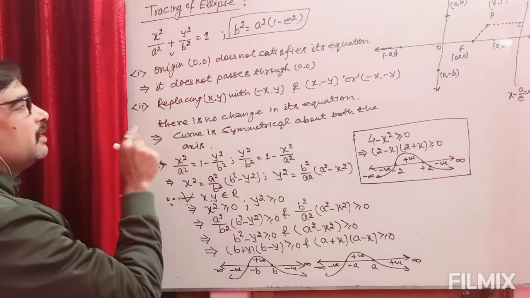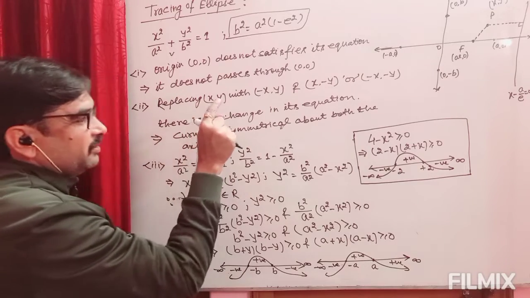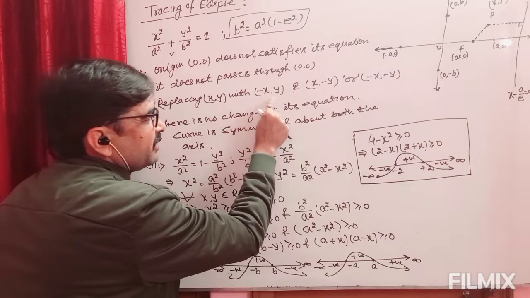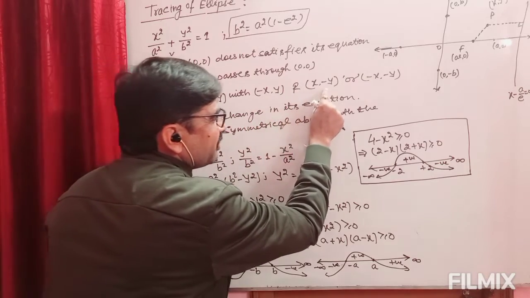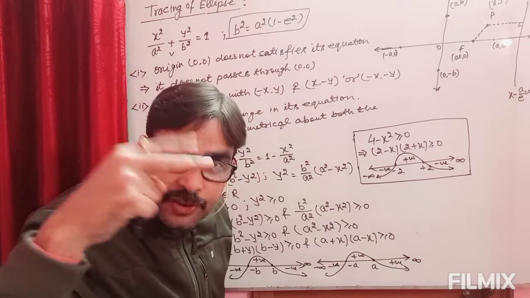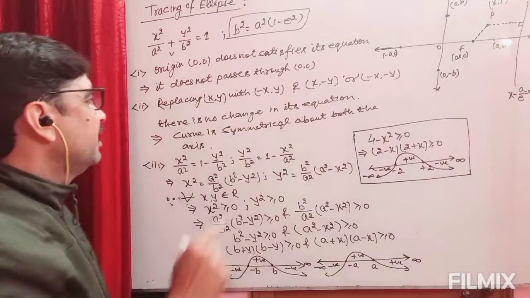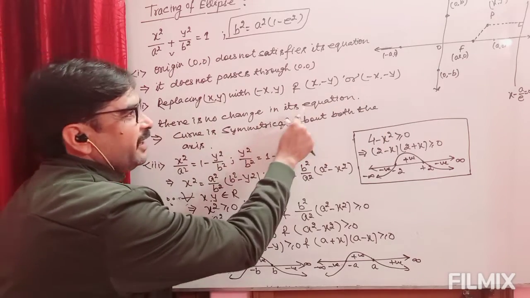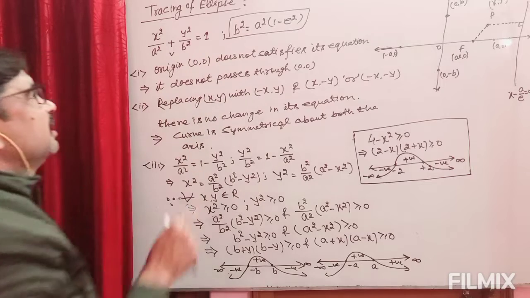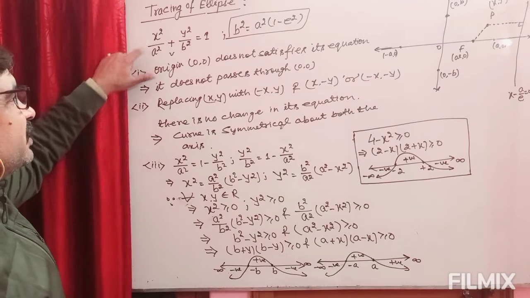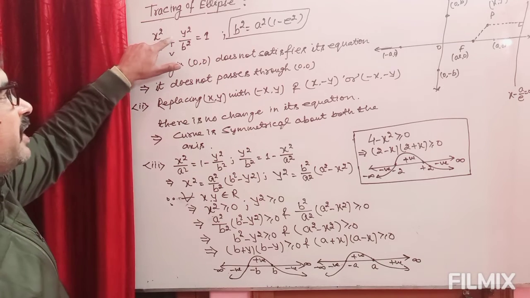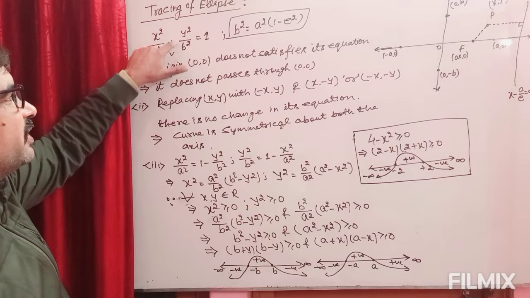And the second point, replacing x, y with minus x, y and x, minus y, instead of these two, minus x, minus y. There is no change in the equation. See that. In place of x you put minus x, the equation remains the same. In place of y you put minus y, the equation remains the same.